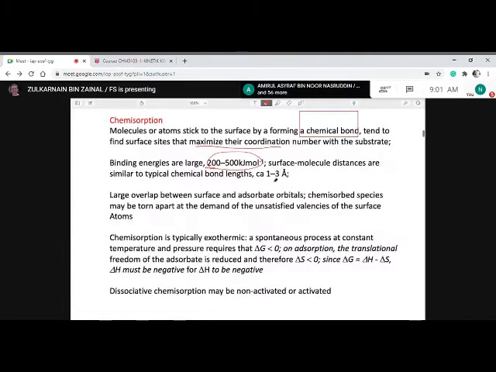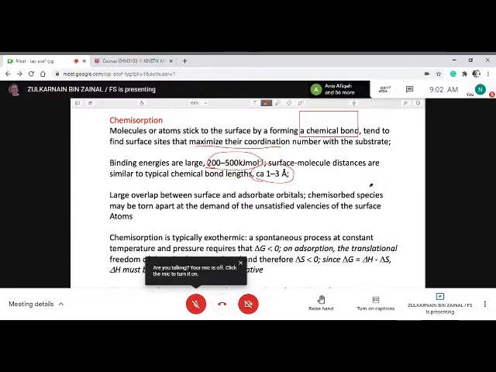And the distance of interaction is very, very small. It is between 1 to 3 Angstrom only. So that shows, that's what makes strong bond or strong interaction between this substrate and also the molecule.